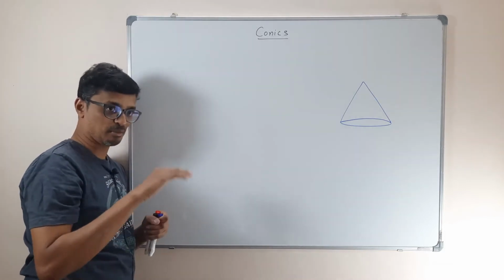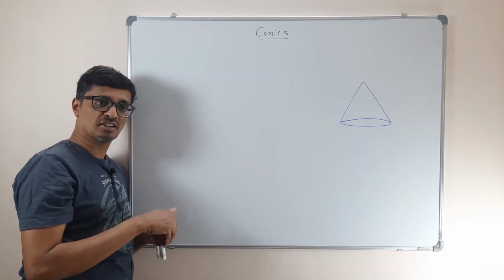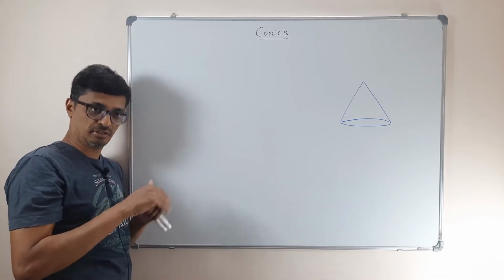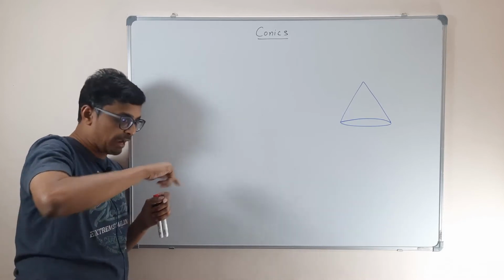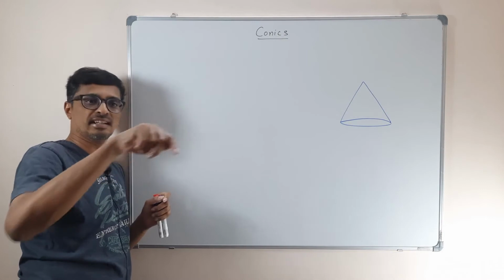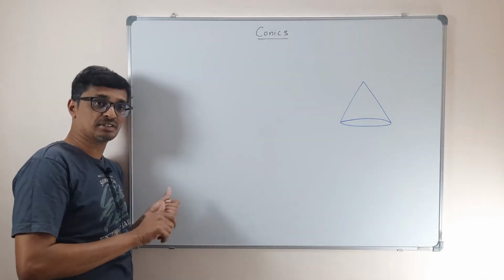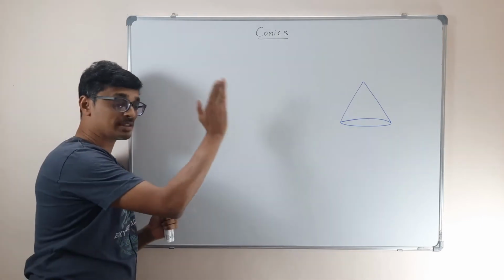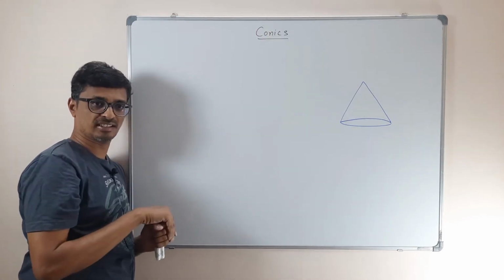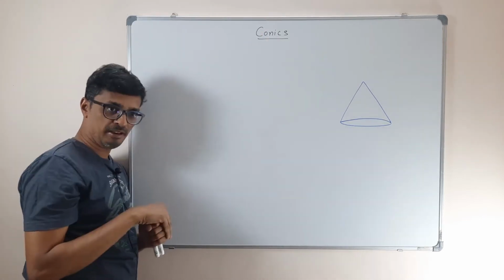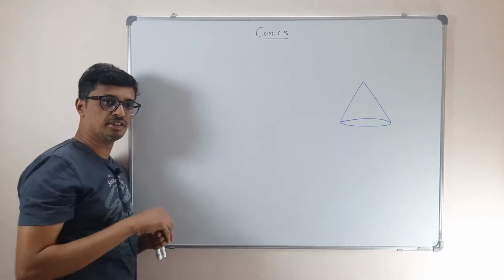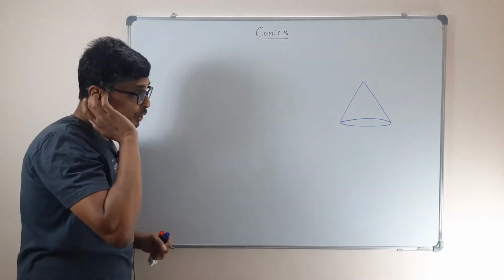You will see what a parabola is. All the curves you see in your day-to-day life, the orbit of a planet around the sun, all these orbits, all these curves, belong to a single family, which you call conics. That is the curve you get when you cut a cone with a plane.